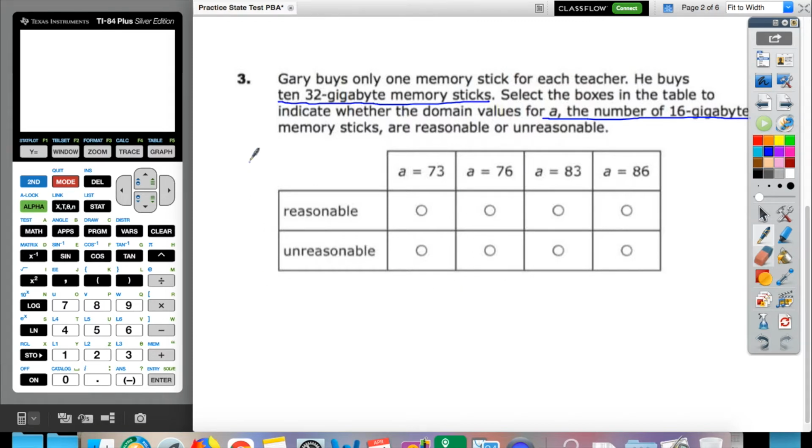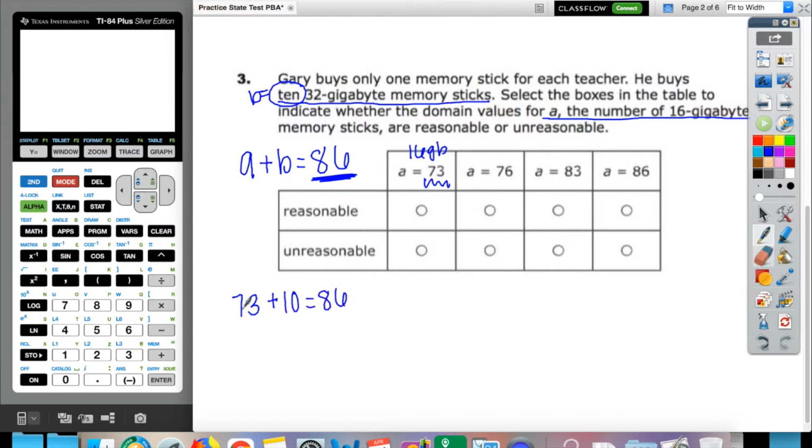So if we use that equation that we made on the front page, we know he can only get 86 because he's got 86 teachers. So can he buy 73 16 gigabytes if we already have 10 32 gigabytes? So if I plug this in, A is 73, my 32 gigabytes, that's B. So I'm going to add that 10.